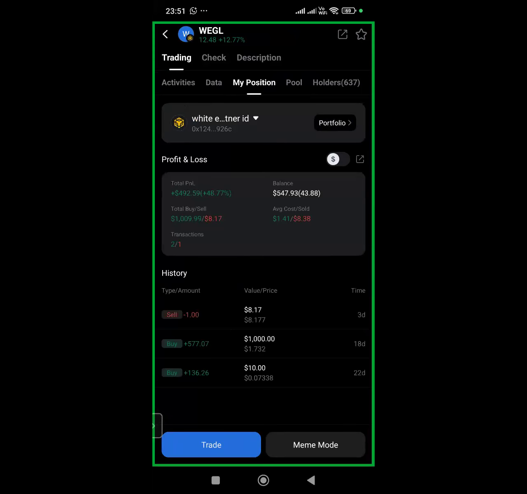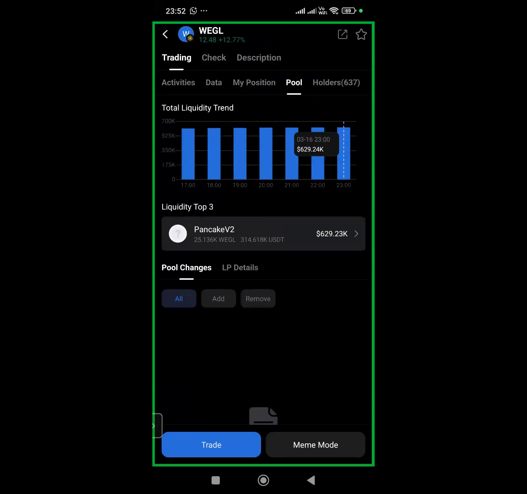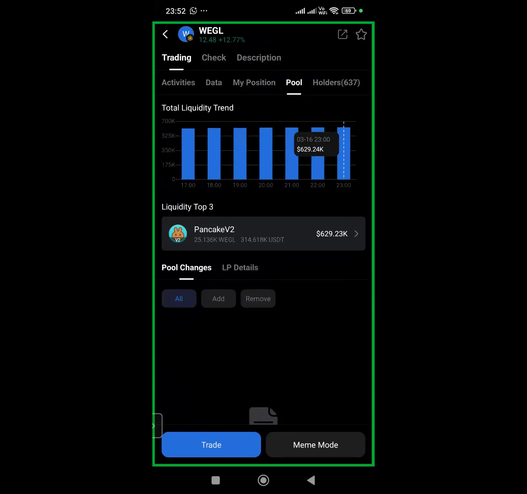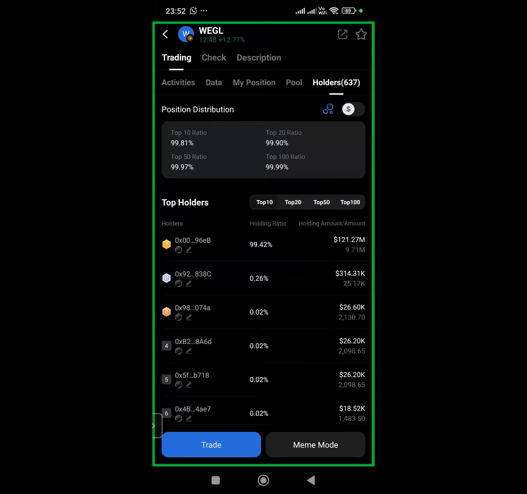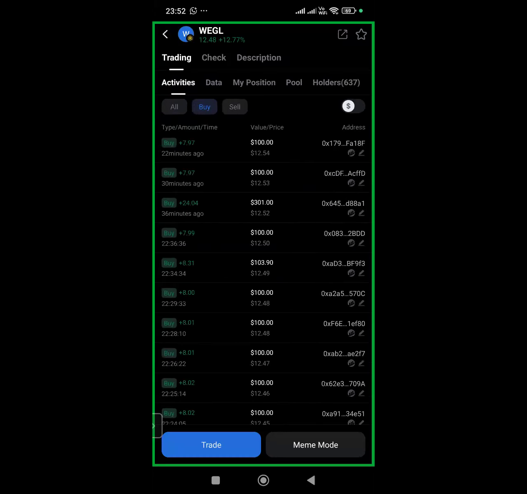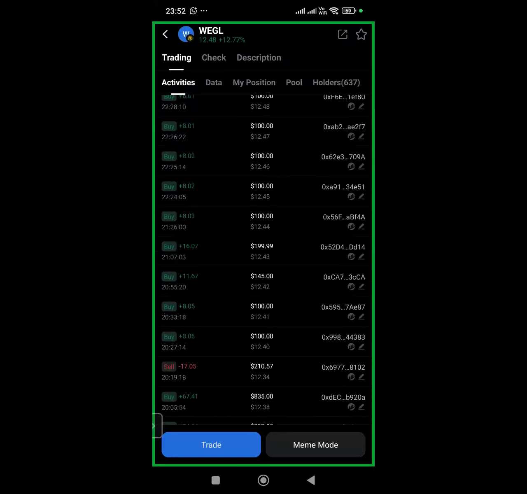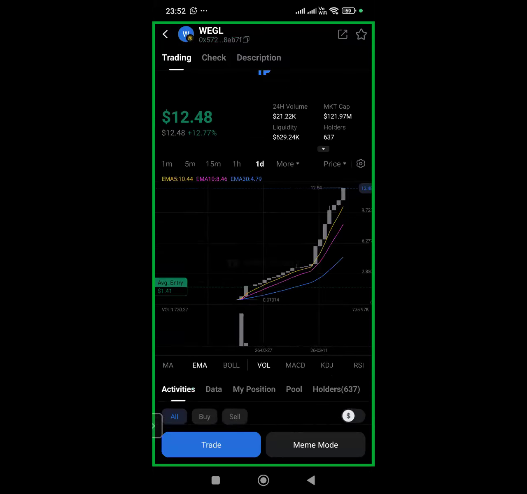You can see your own position. You can see the pool on PancakeSwap V2. Everything is seen here. You can see the holders in your wallet, everything. You don't need to listen to everybody. You can see all those people who are selling and those who are buying. Everything is in front of you.